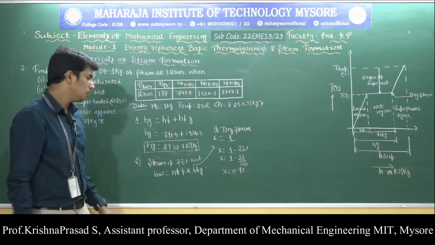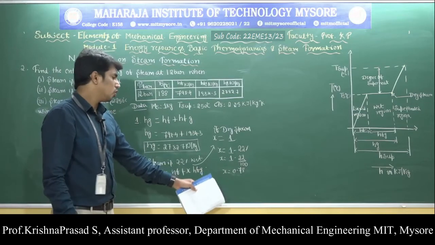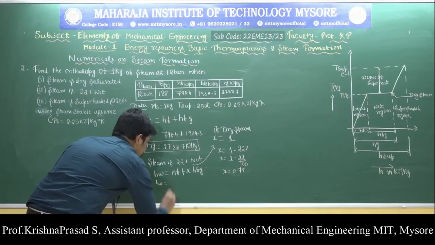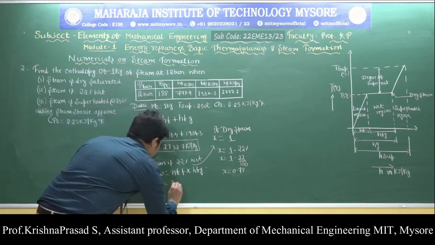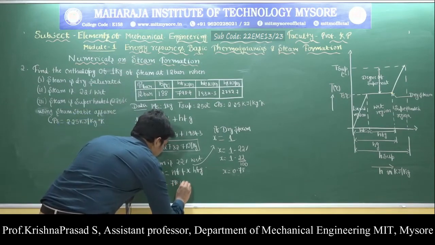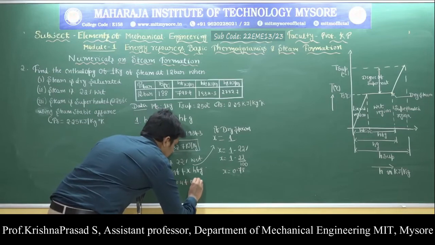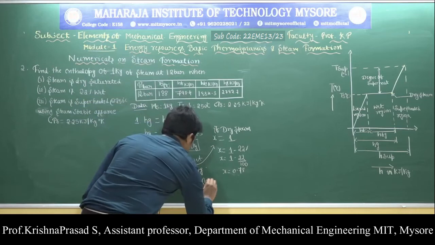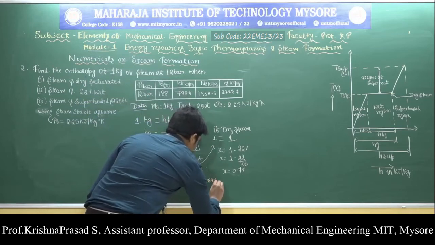Now substitute x equal to 0.78 in this equation. Therefore, the enthalpy of wet steam is equal to hf equal to 798.4 plus x equal to 0.78 times hfg equal to 1984.3.